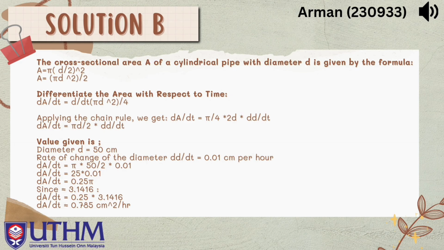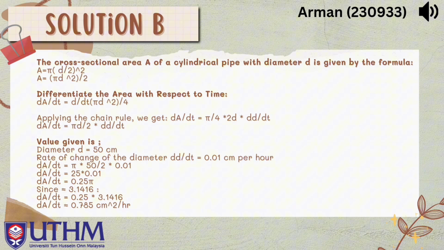So dA/dt equal to pi D over 2 multiplied by dD/dt is our formula to find the value of dA/dt. We can now insert the given values: diameter D equal to 50 cm and the rate of change of diameter dD/dt, which is 0.01 cm per hour.